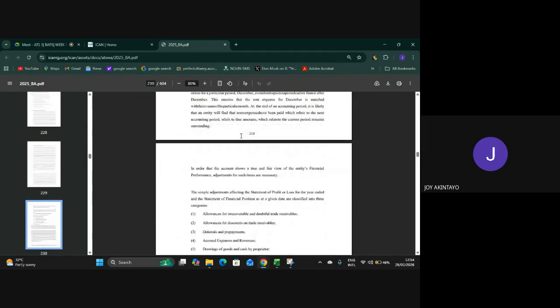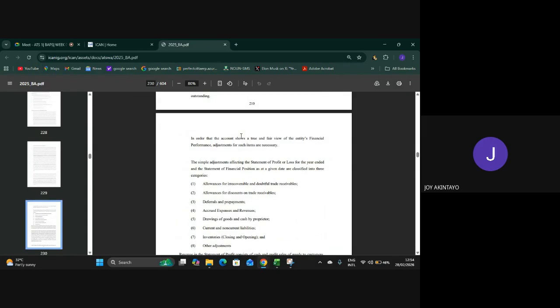Then we also have bad debt. Bad debt is also an allowance on irrecoverable debts. The debt we know that we cannot get again from our customer.